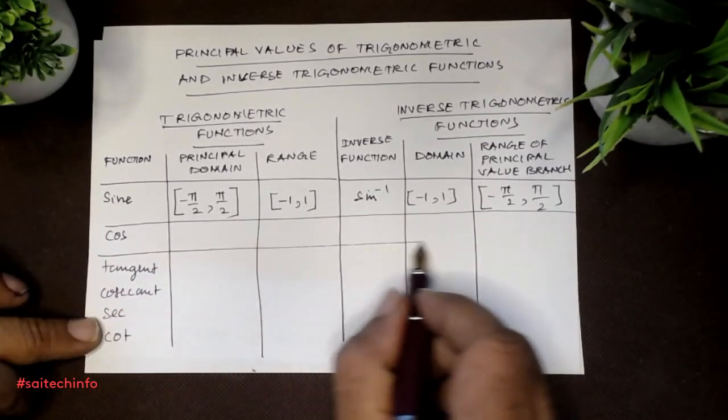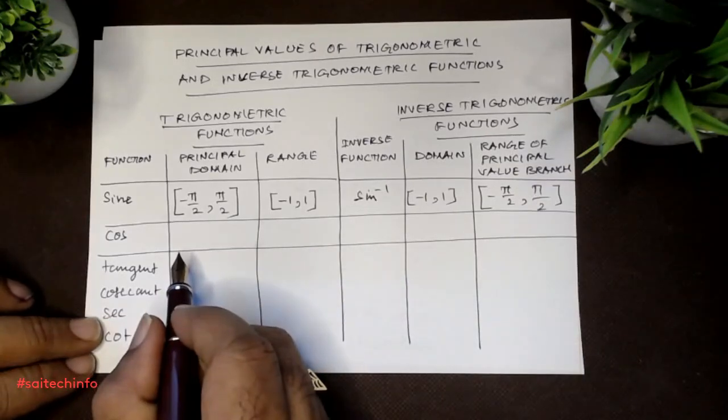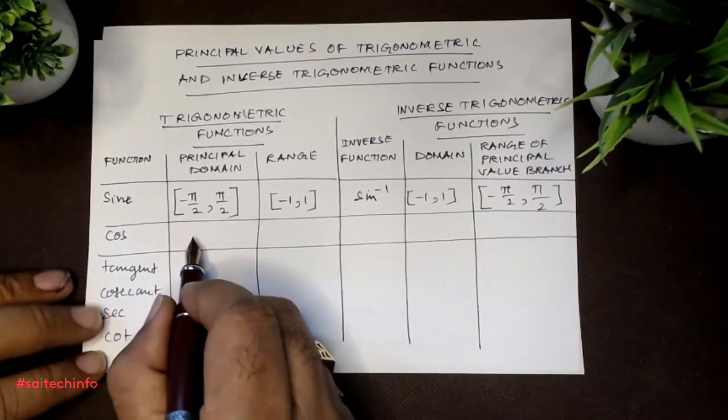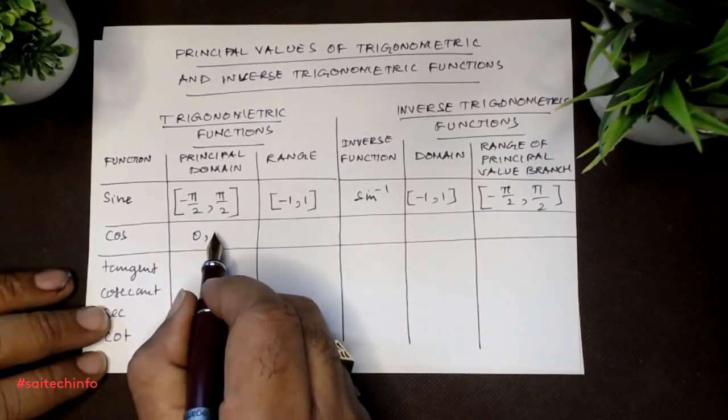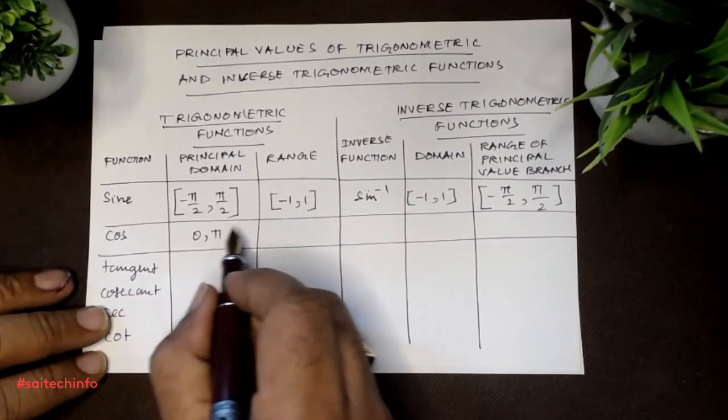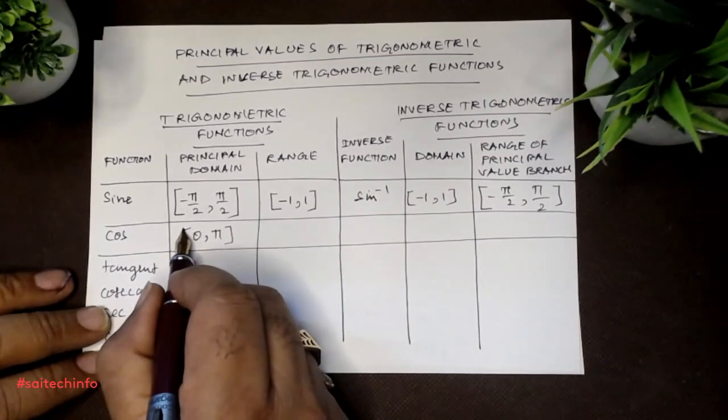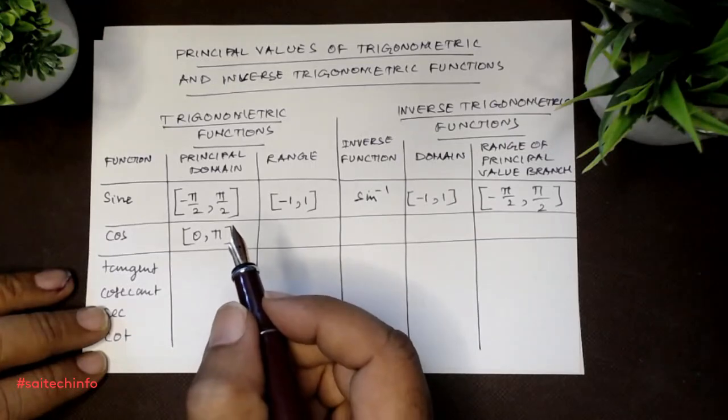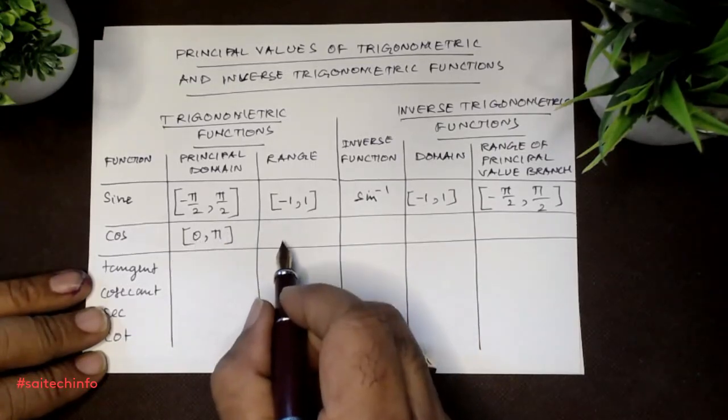So let us write down for cos. For cos, the principal domain is 0 comma pi with the closed interval, and the range is a real number.